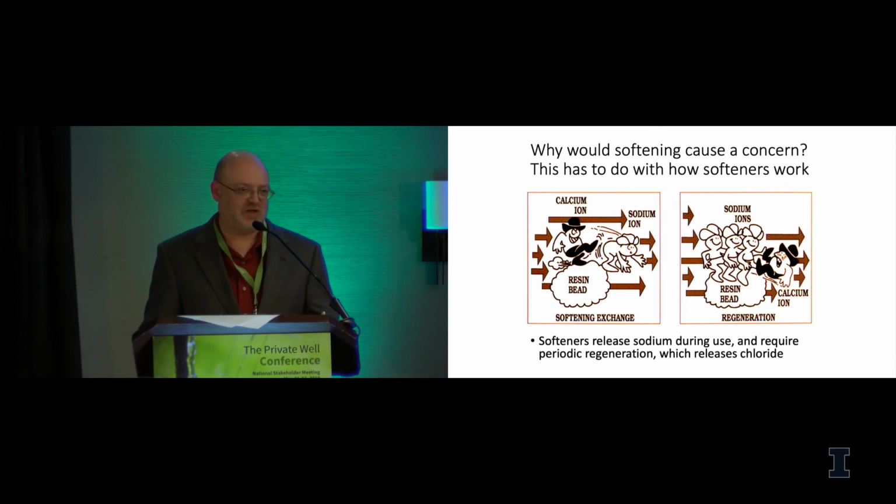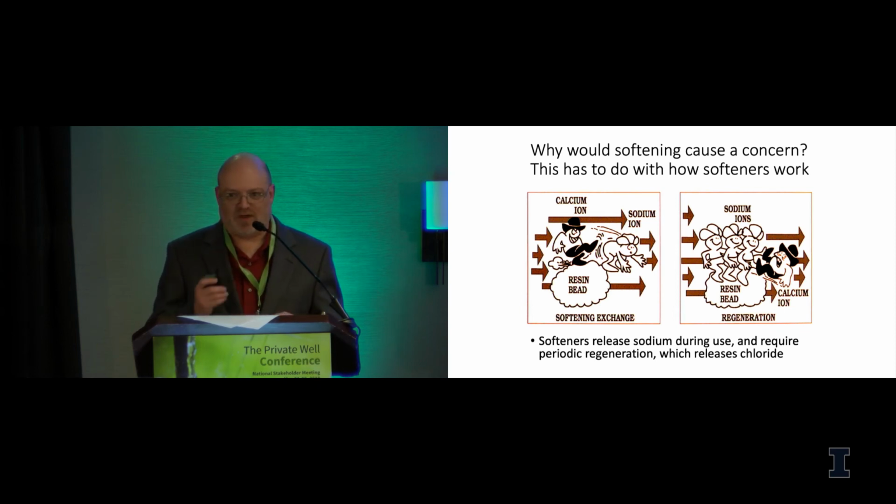The way that we regenerate a softener is we simply reverse the equilibrium. We flood the system with sodium chloride, and that reverses the equilibrium. If you remember back to your chemistry days, flooding it with all those sodium atoms actually forces the big bully off of the resin bead. So the calcium gets kicked off, and the resin is left fully regenerated with sodium.